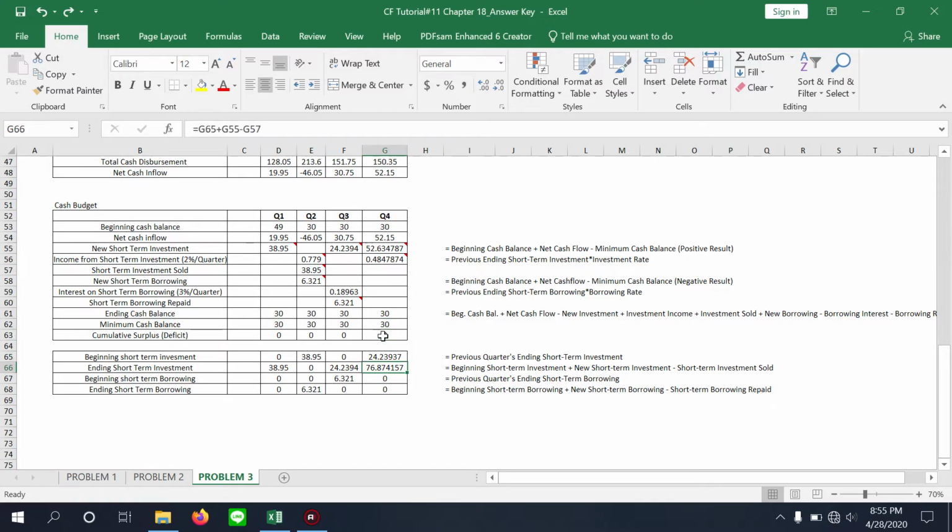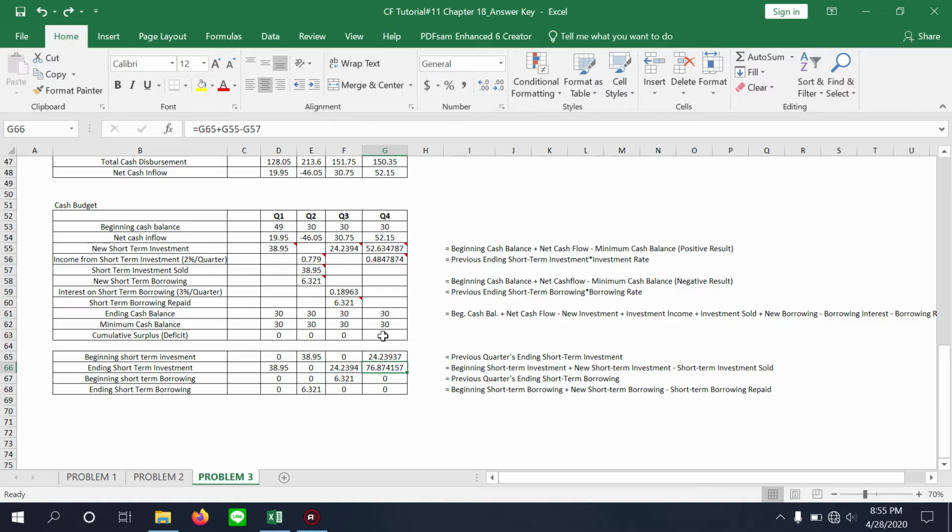So what problem 3 wants to point out is that when you have a surplus, it's better to invest, so you try to make your cumulative surplus zero. However, if you have a deficit, the first thing you need to do is sell your investment. If you still don't have enough money, the next step is to borrow money.